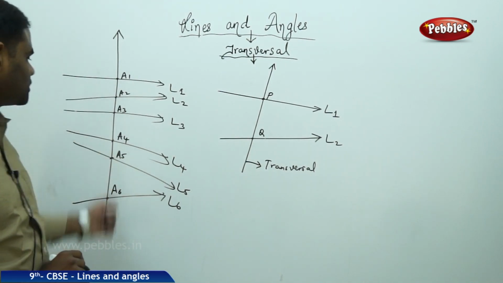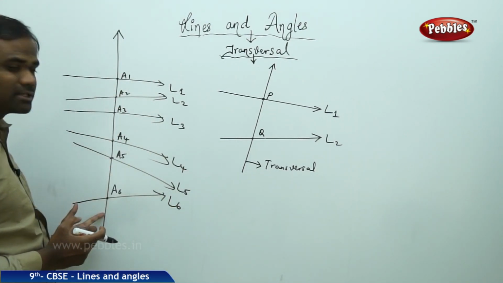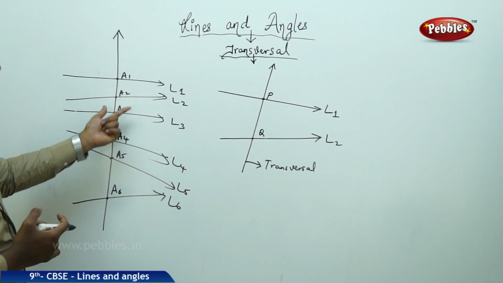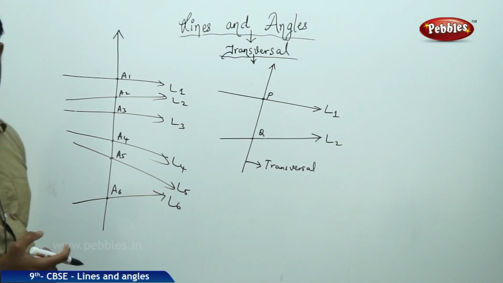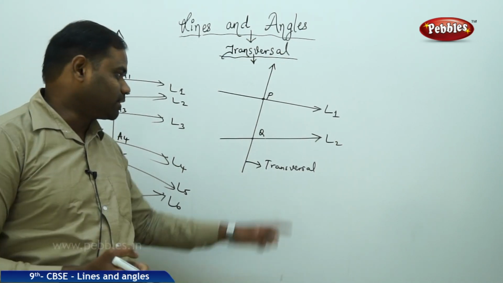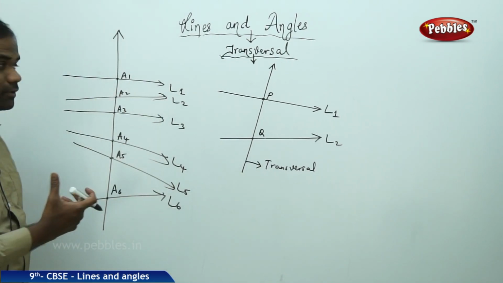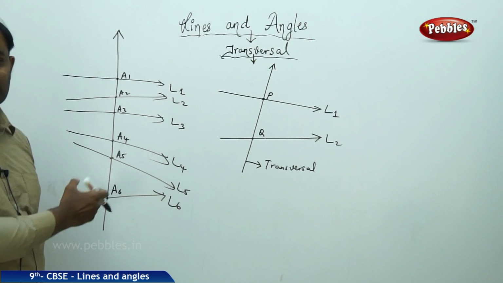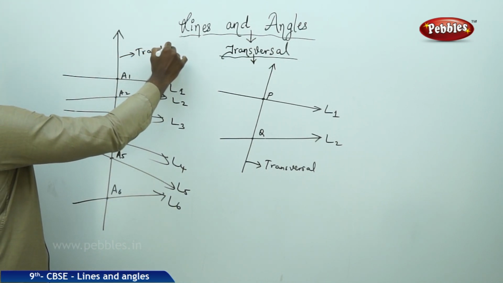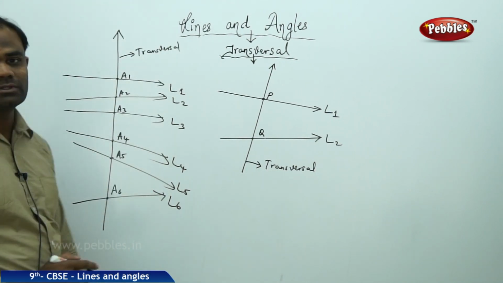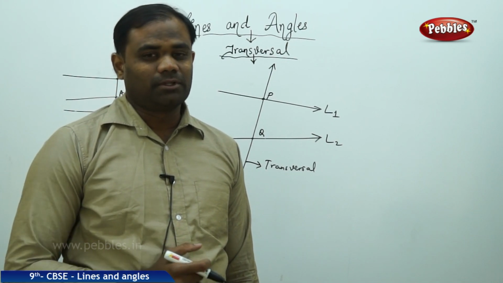Then this line which cuts each of the lines L1, L2, L3, etc. till L6 at different 6 distinct points A1, A2, A3, A4, A5 and A6 also is called a transversal. A transversal does not have a restriction on 2 lines, but there can be any number of lines through which the line must cut at distinct points. So this is also an example of a transversal, as how we understand the transversal property of the condition.